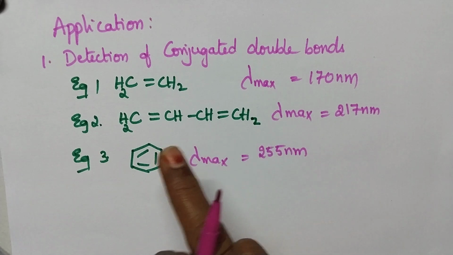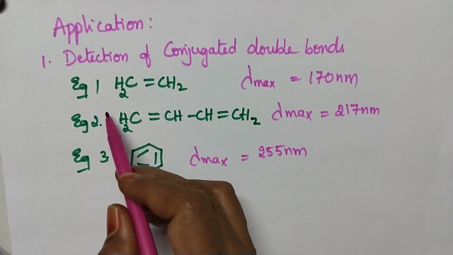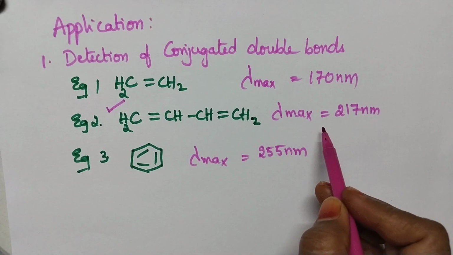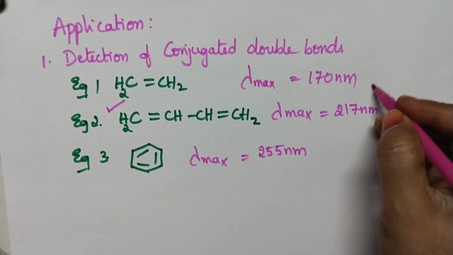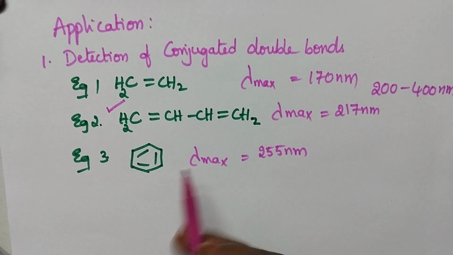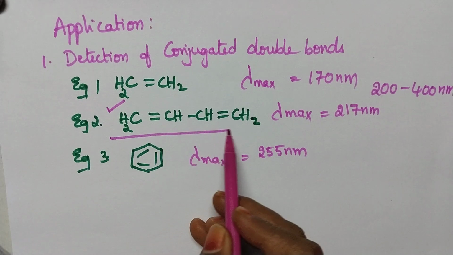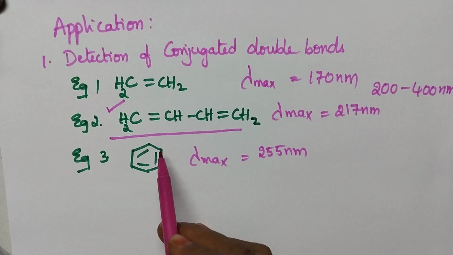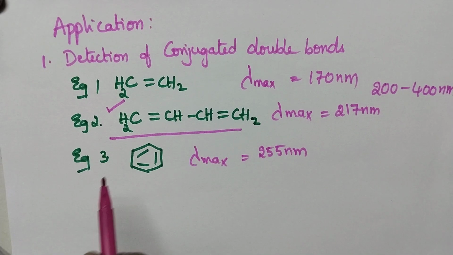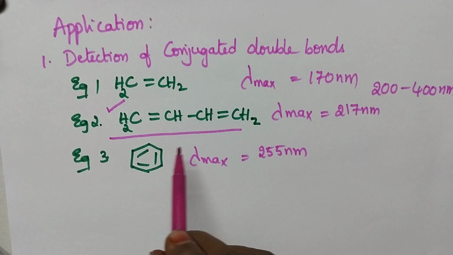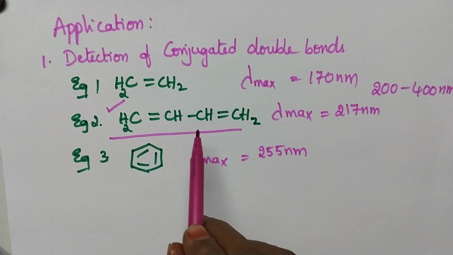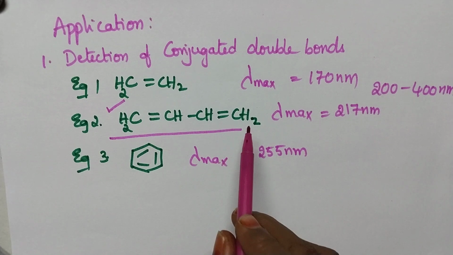From these three examples, it is very clear that if a compound contains at least two double bonds in conjugation, then the absorption maximum will be observed in the allowed UV region, that is 200 to 400 nanometers. So if the compound contains at least two double bonds in conjugation, then its presence can be identified in the UV region.